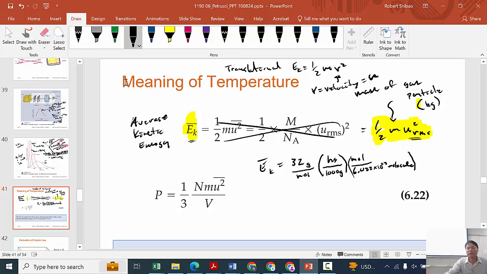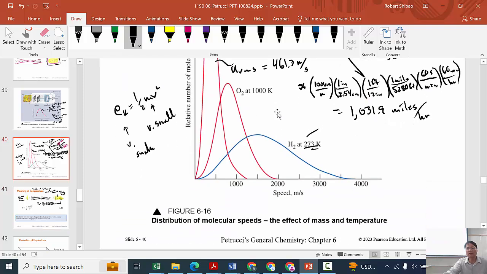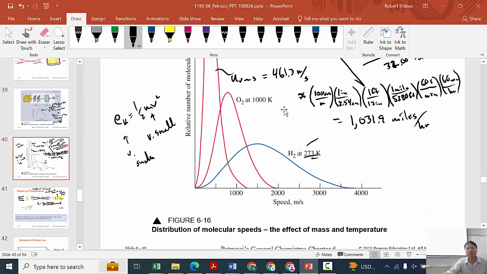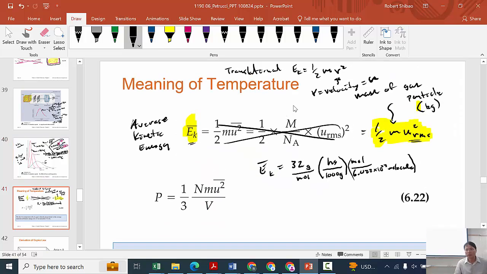Then U RMS we had just calculated, except I need it in meters per second. 461.3 meters per second is from our previous calculation. 461.3 meters per second, and then we square that. When we look at the dimensions of this, the grams cancel, the moles cancel, and we end up with kilograms meters squared per second squared as the unit per molecule.